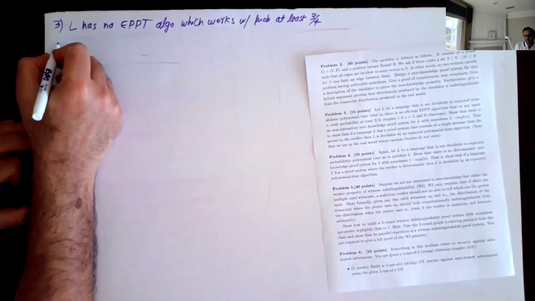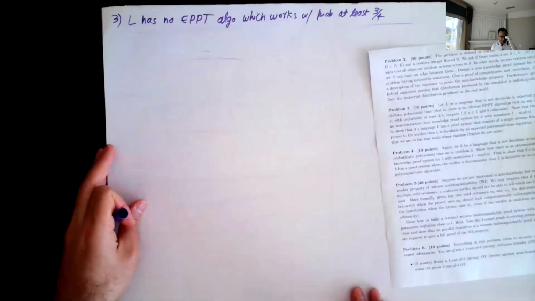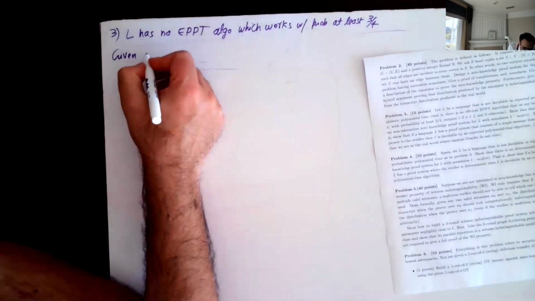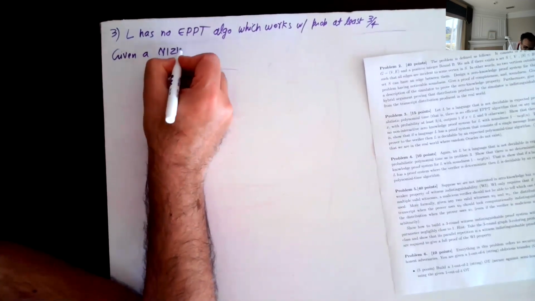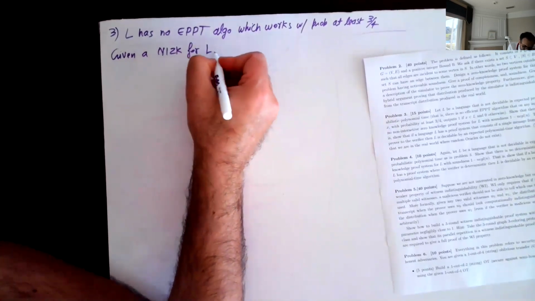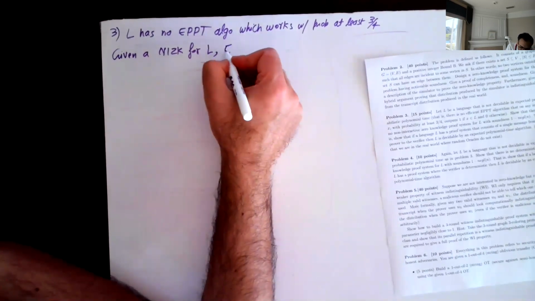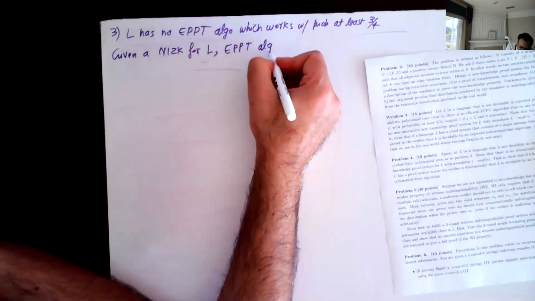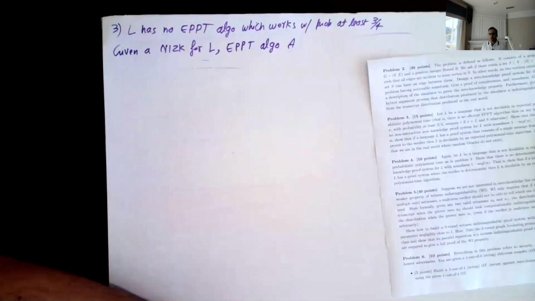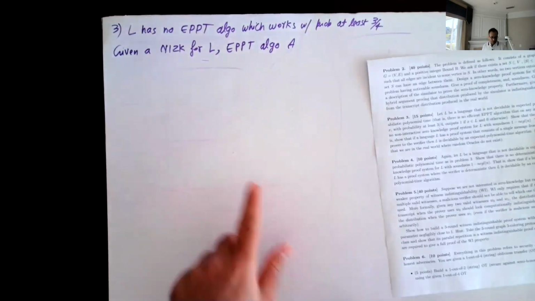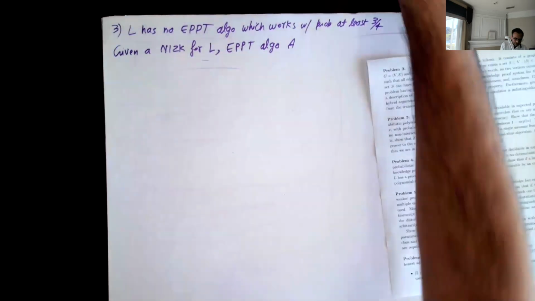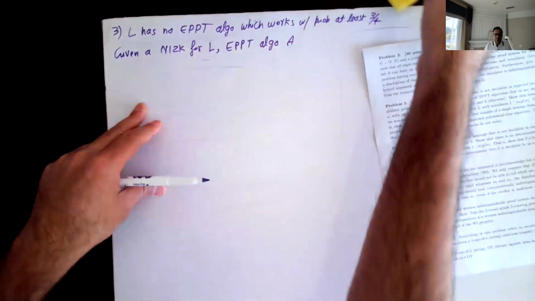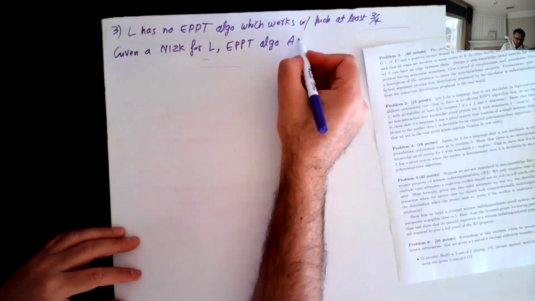So now I will solve this problem using contradiction. So given a NIZK system for L, consider the following expected PPT algorithm A. So I'll build an algorithm which can solve this problem L. So this algorithm works as follows.